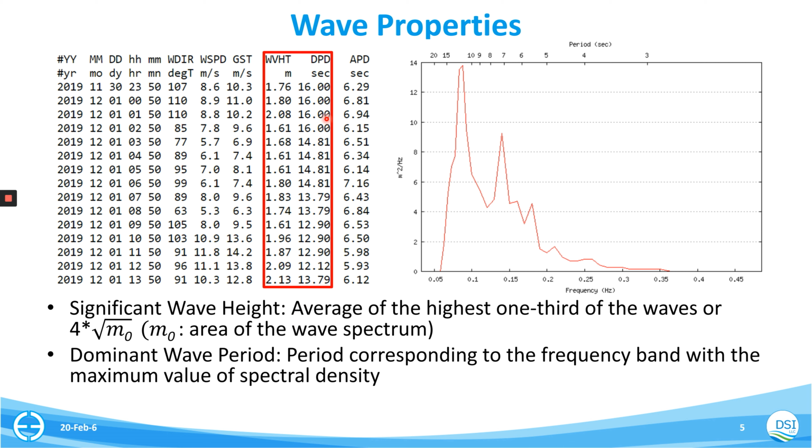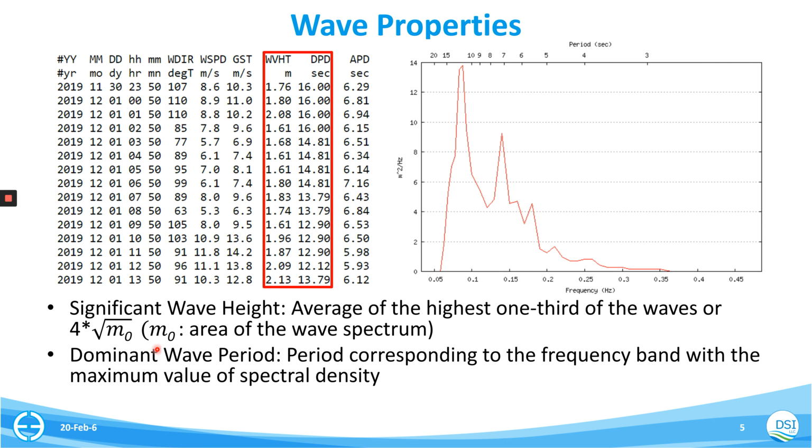For NDBC, they collect the wave data every 20 minutes, and through those 20 minutes you can have different heights of waves passing through the sensor. By collecting all those wave heights and calculating the average of the highest one-third of the waves, that's the significant wave height being recorded here.